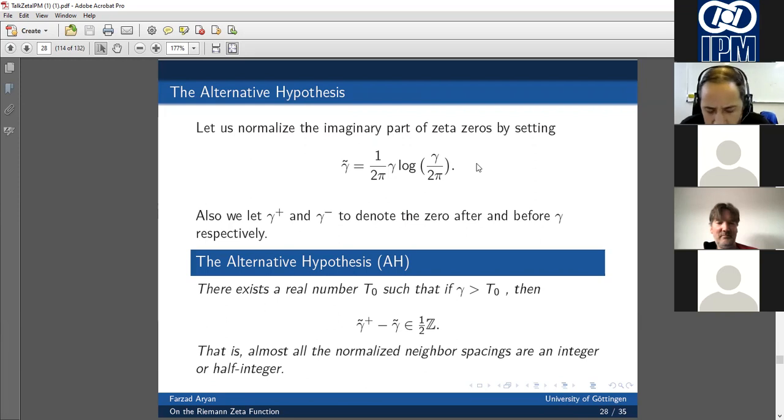So basically you're just going to have gaps of length 1/2, or 1, or 1.5, 2, etc. This conjecture is made because of the possibility of Landau-Siegel zeros. It's an alternative to Montgomery's prediction, which is called GUE.